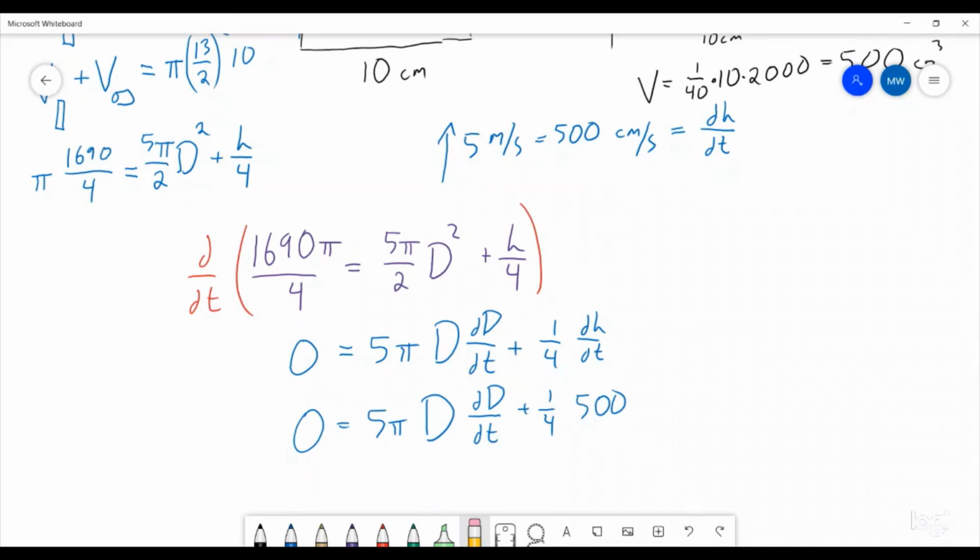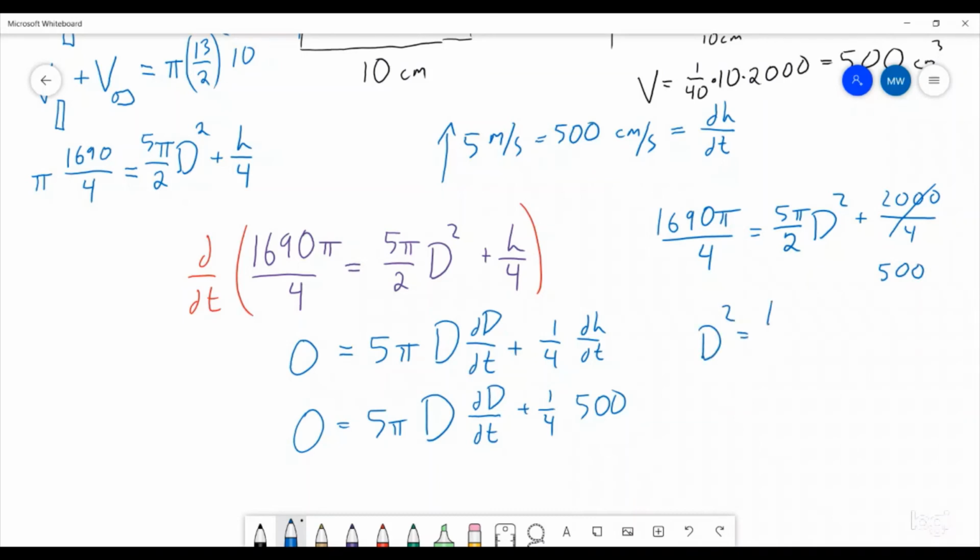When we solve for d, we know what the height is, so 1690 pi over 4 equals 5 pi over 2 d squared plus the height in centimeters, 2,000 over 4, that is plus 500. So that means that d squared is equal to 1690 pi over 4 minus 500, all over 5 pi over 2.